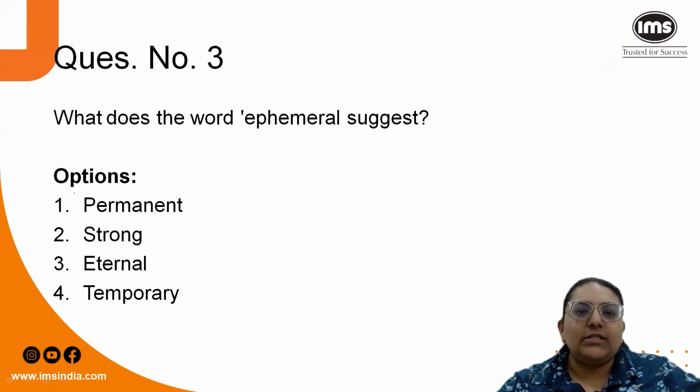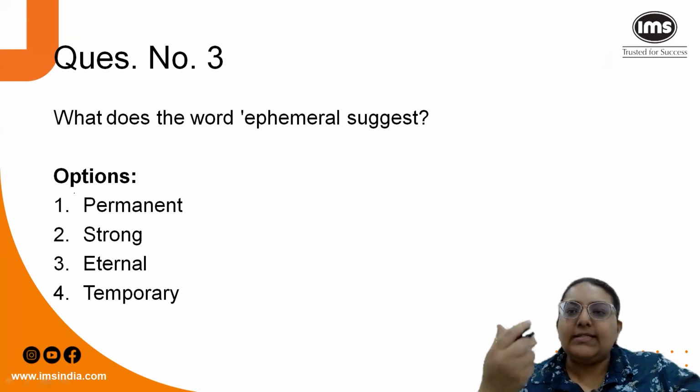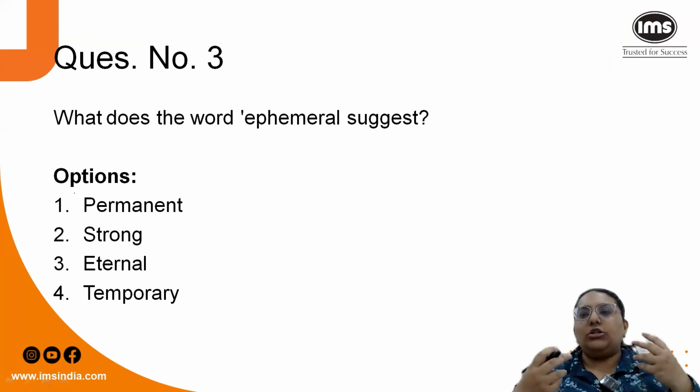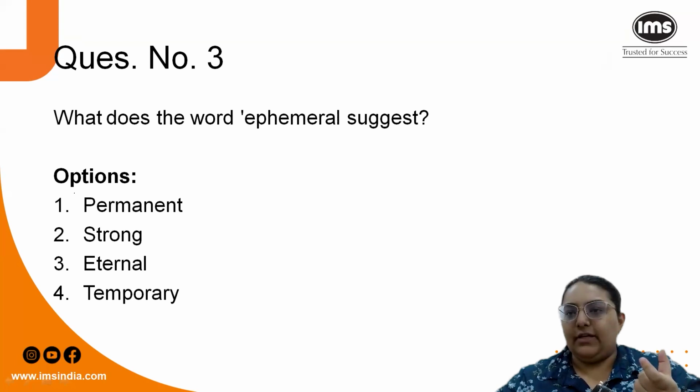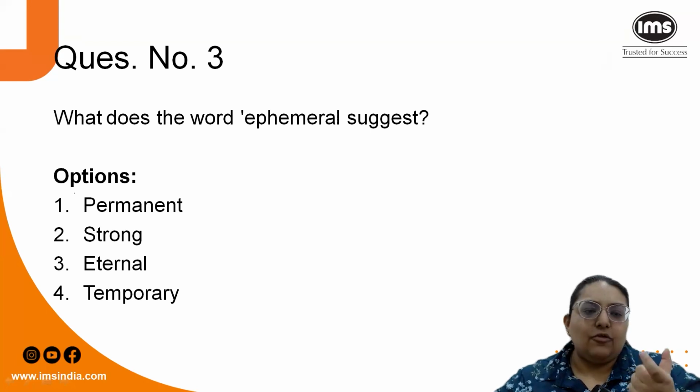Okay. What does the word ephemeral suggest? Ephemeral again refers to the same context in which the poet is addressing youth. Ephemeral means short-lived, something which is there for a short period of time. So permanent, strong will not work here.